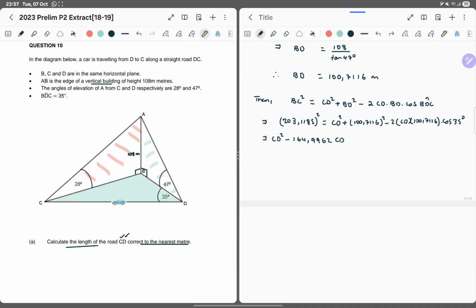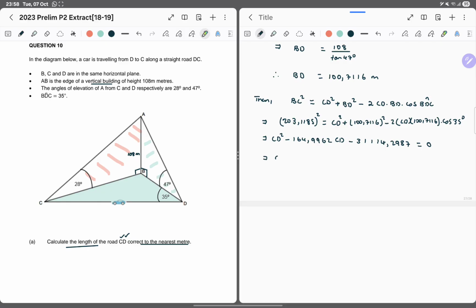Okay, so what we get here is a minus 31,114,2987. Just to keep as many decimals. And of course, this is going to be equal to 0. So we can see we've got ourselves a nice quadratic equation.